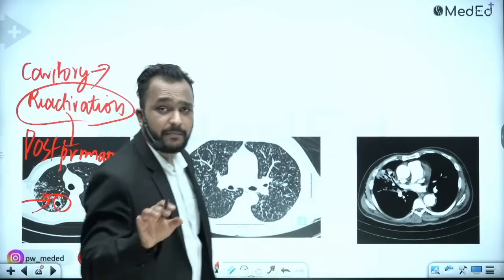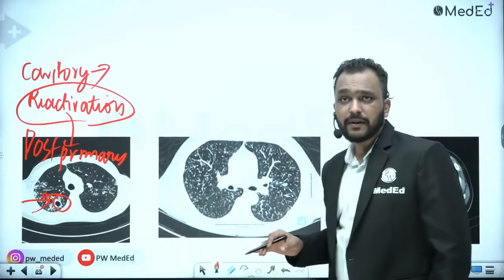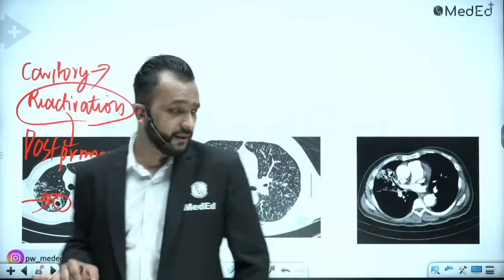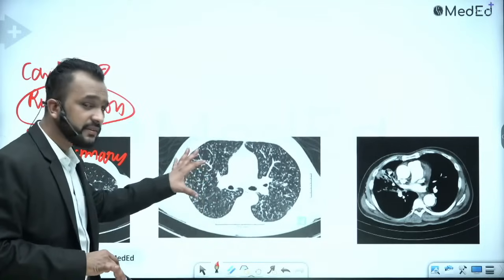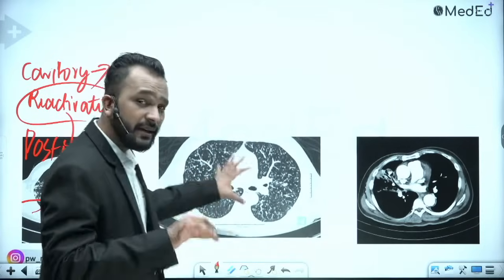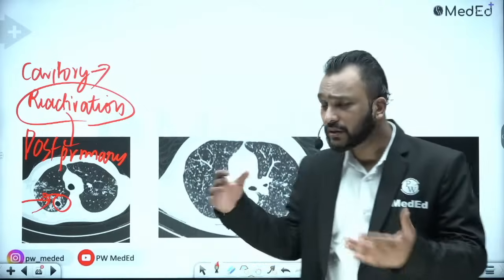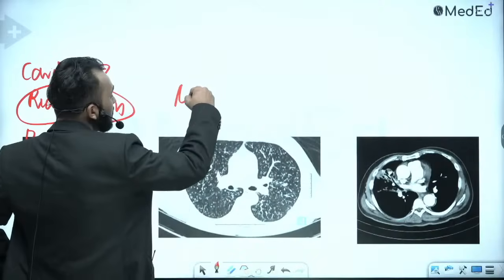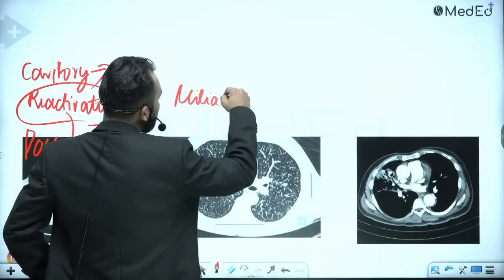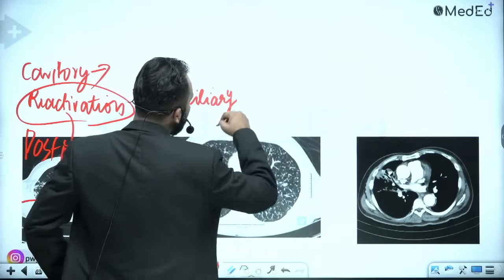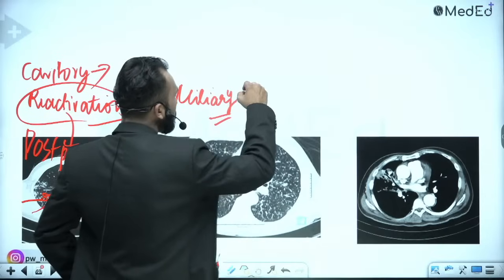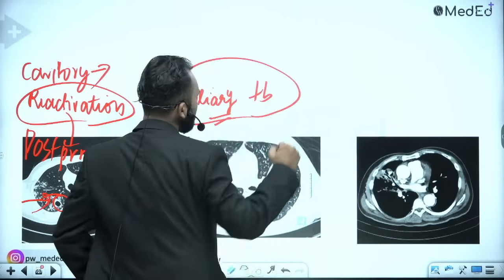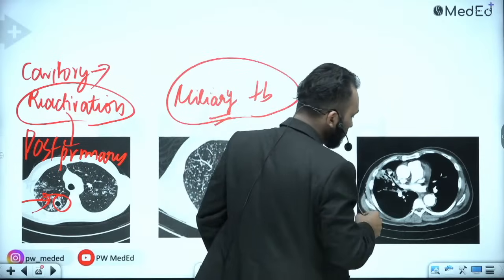And when there are multiple nodules seen in random distribution scattered in both the lung parenchyma, you will say it is a case of miliary tuberculosis. There is hematogenous spread of the tubercular bacilli, because of which nodules are seen in random locations in the entire lung. This is your miliary tuberculosis.